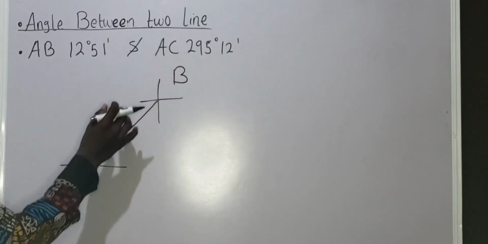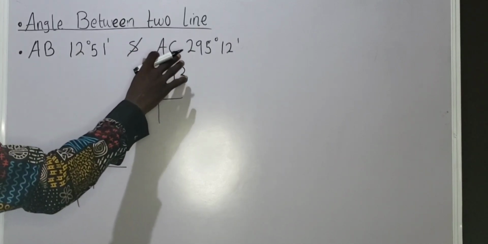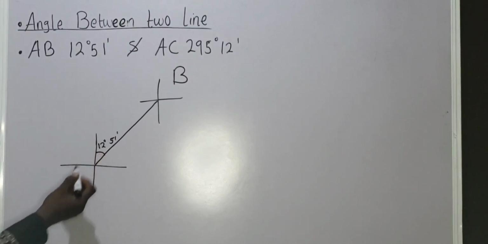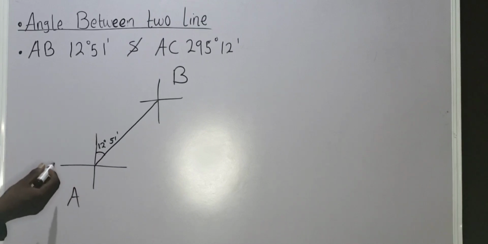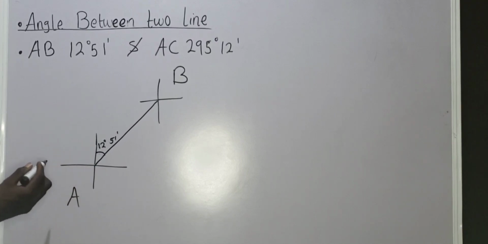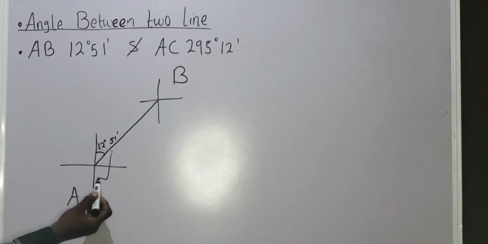Let's plot this also. That is the bearing of line AC, that is 295 degrees 12 minutes. 295 degrees is in the fourth quadrant, because it is greater than 270 degrees. Don't forget that from this point to this point is 90, from this point to this point is also 90, 90 plus 90, 180 degrees.